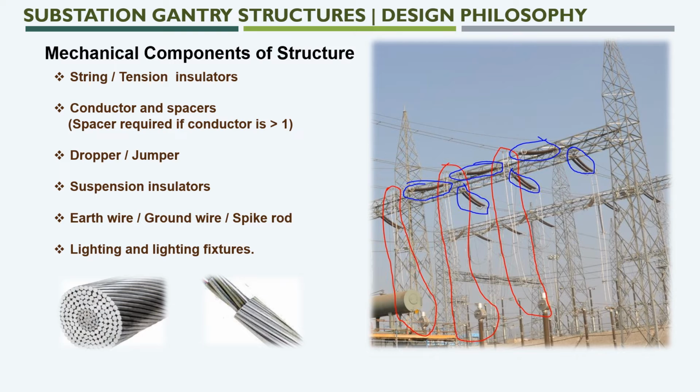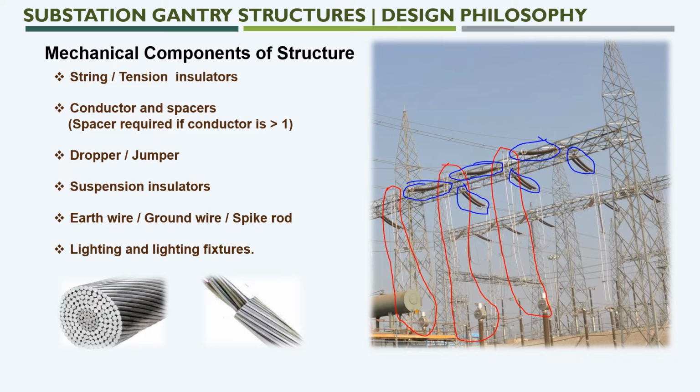Lighting and lighting fixtures: generally, in order to avoid the light mast structure in some projects, some customers specify to fix the light on the gantry structures, that is, the line or substation gantry structures itself.